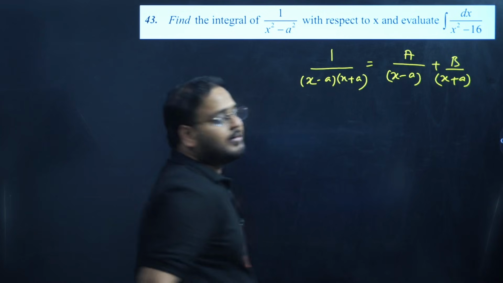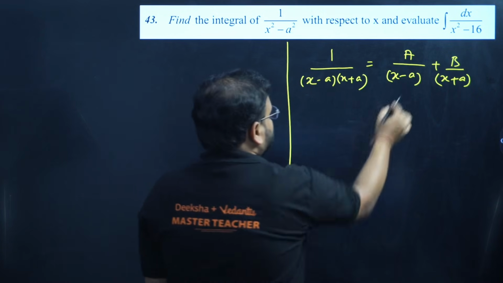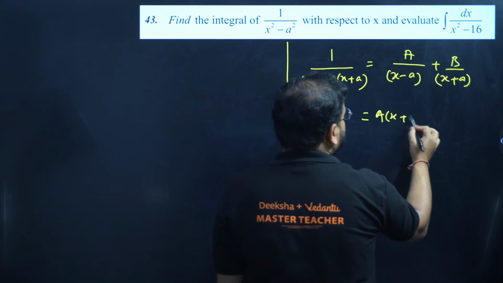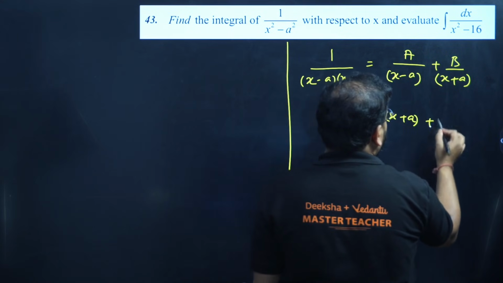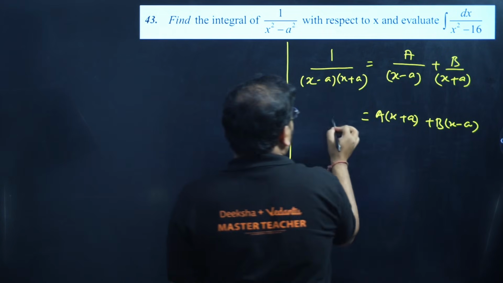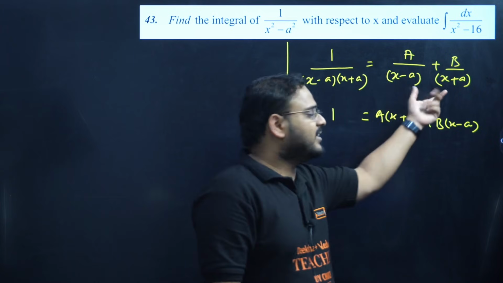What I'm doing over here? Partial fractions. So we're going to use A times of x plus a and B times of x minus a. We don't need to compare the denominators, they are the same.